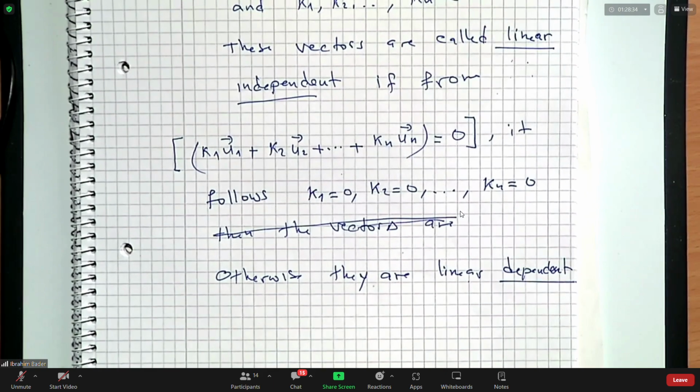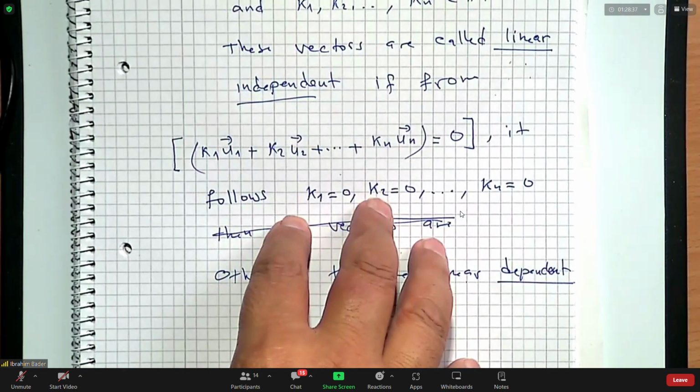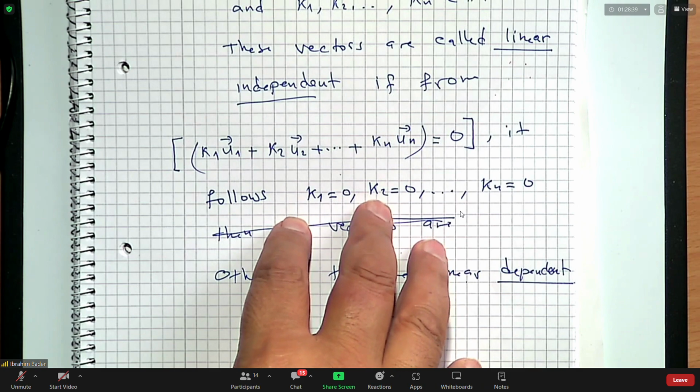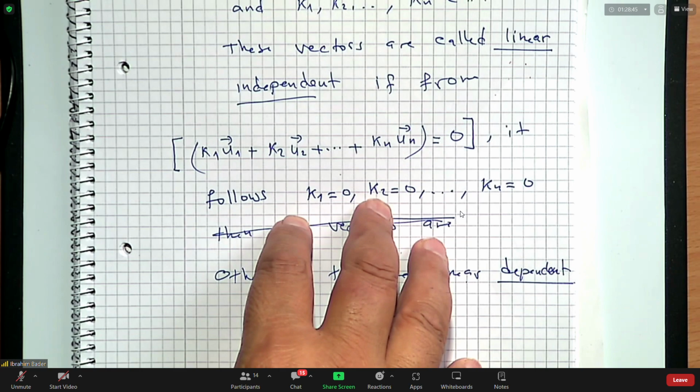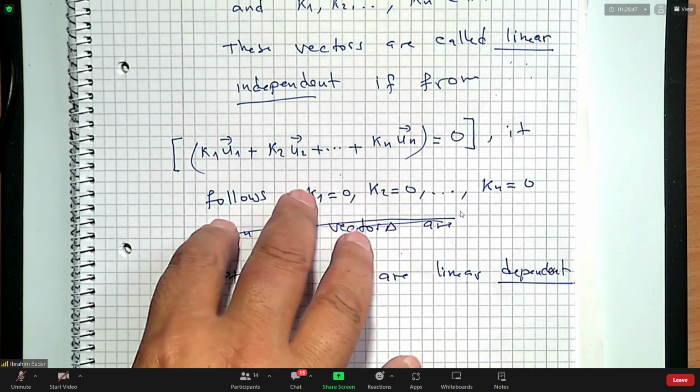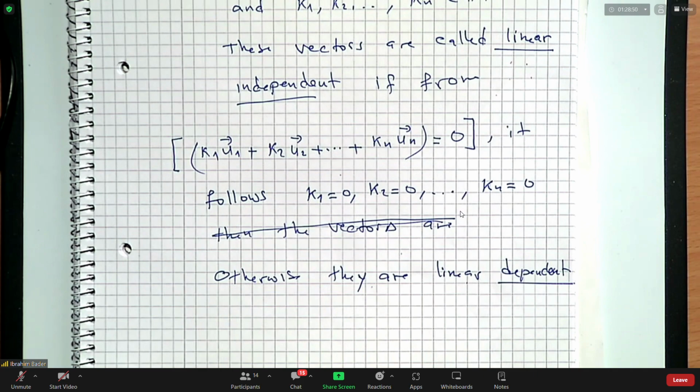And again, this concept of vectors being dependent or independent is really a central concept in linear algebra, because the conclusion whether a given set of vectors is linearly independent is going to have an effect, as I told you, on finding the solution, for instance, for a system of linear equations.